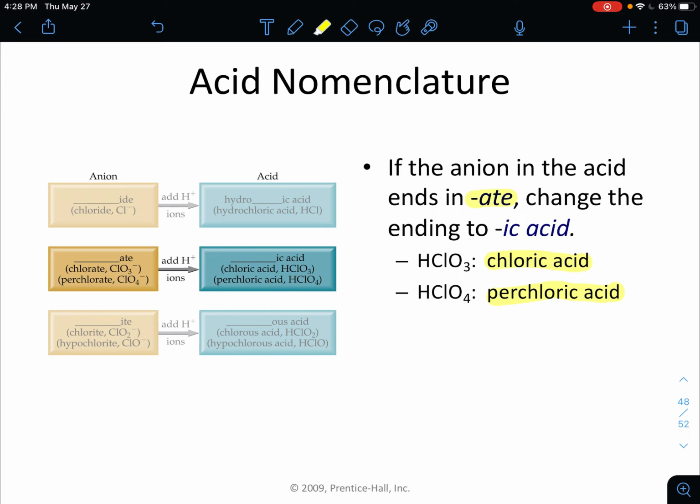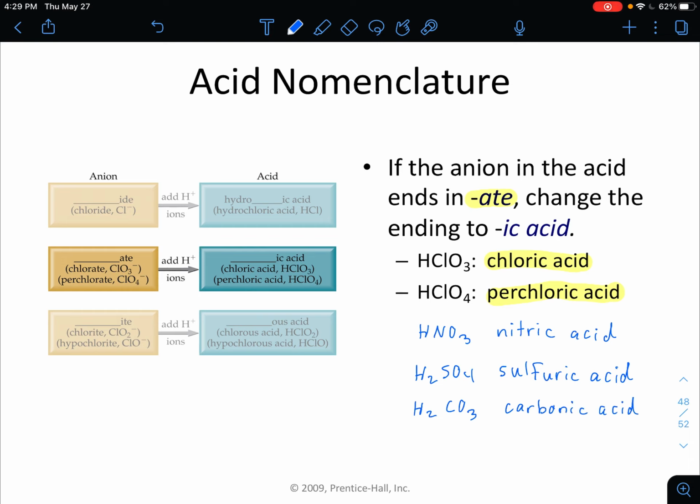Let me see which ones I included here. I can write a few more on this slide. HNO3 is just nitric acid. And again, all of this is included in handout 3. H2SO4 is sulfuric acid. H2CO3, so now we're paired with carbonate, that's carbonic acid.